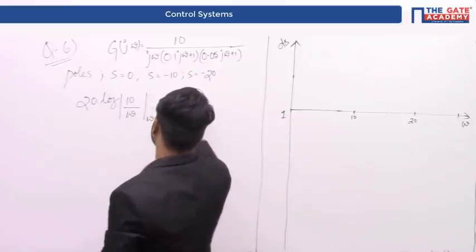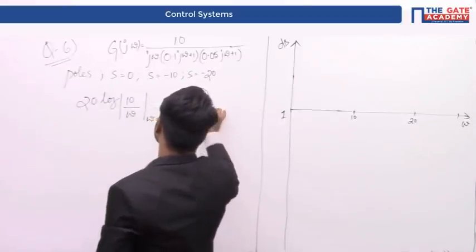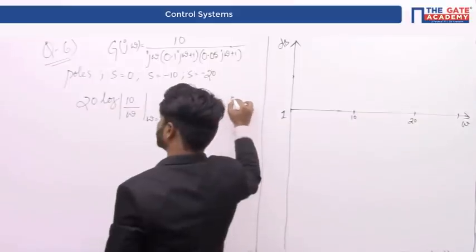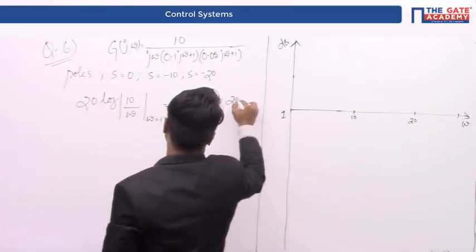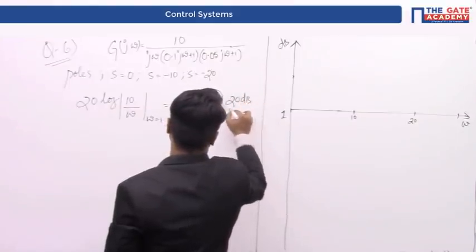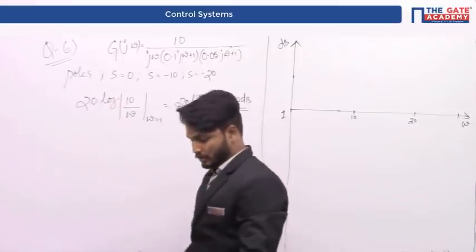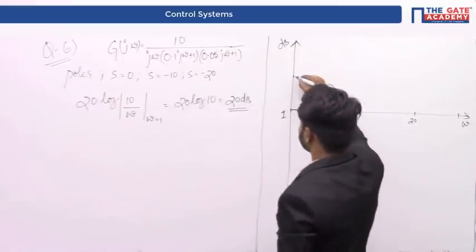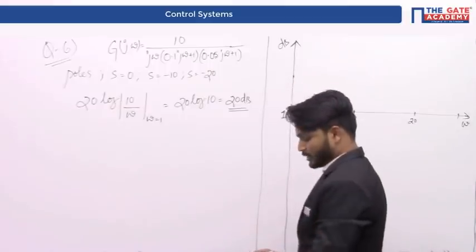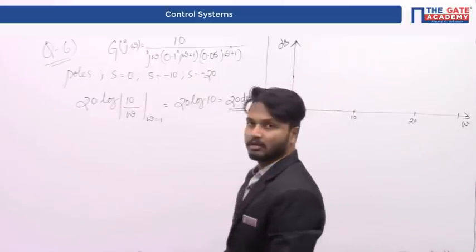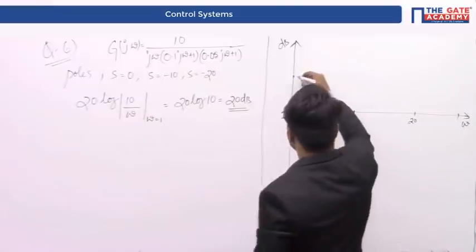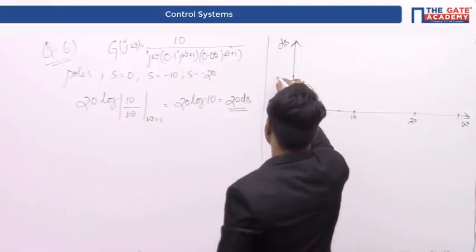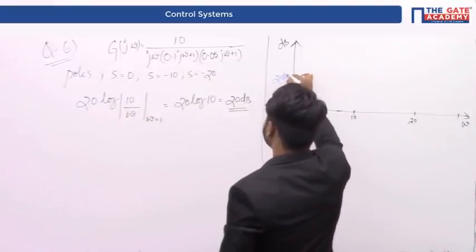This is equal to 20 log 10, that is equal to 20 decibels. Therefore, the plot is going to intersect this axis at 20 dB.